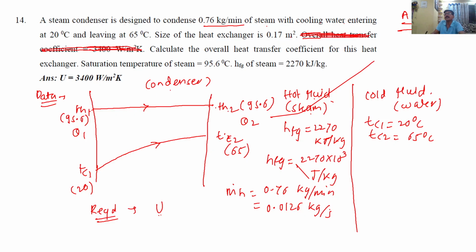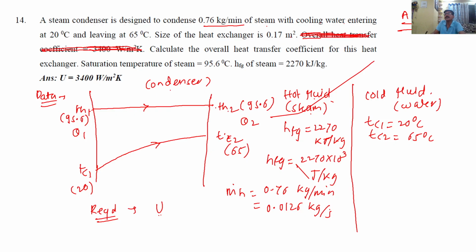Now what is our next target? Our next target is determining the exit temperature of the hot and cold fluid. Both are unknown. So how to get that? If I know effectiveness, I can use another formula of epsilon. What is the other formula?